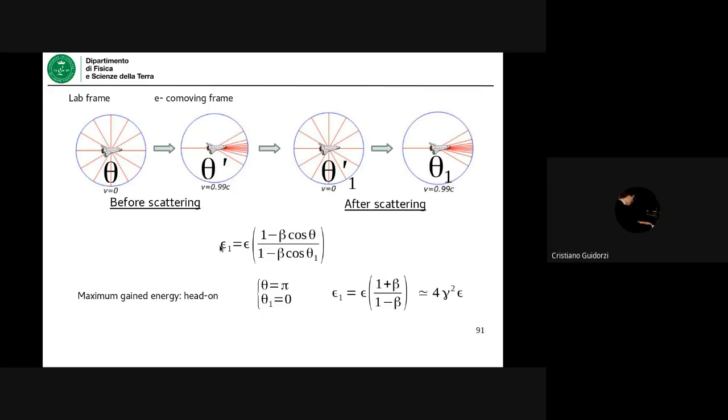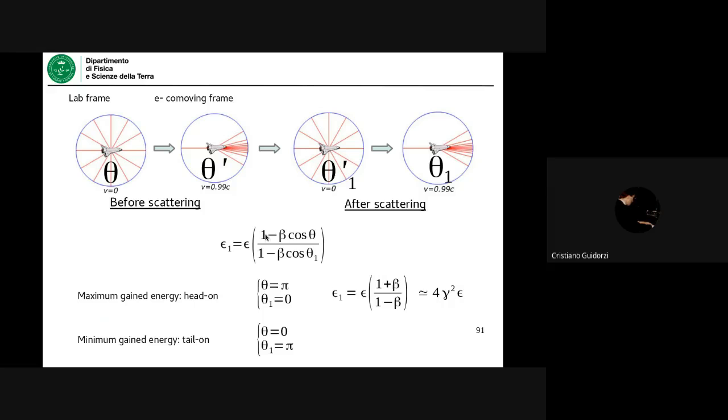So you see that in the head-on case, you have the highest possible gain. Remember, in the previous case, we said the gain is of the order of gamma squared epsilon. Well, in the very special case in which the photon has the maximum energy gain, this factor is a factor of 4. So the maximum increase is 4 gamma squared times epsilon.